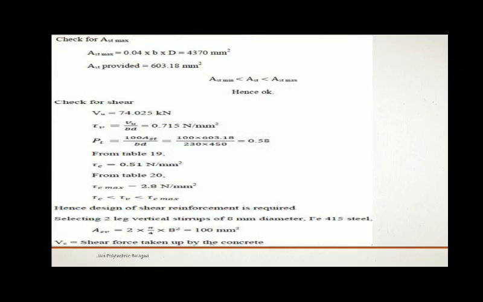Therefore Ast minimum is lesser than Ast, which is lesser than Ast maximum, hence it is okay.